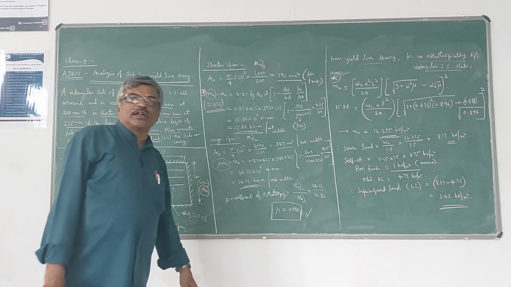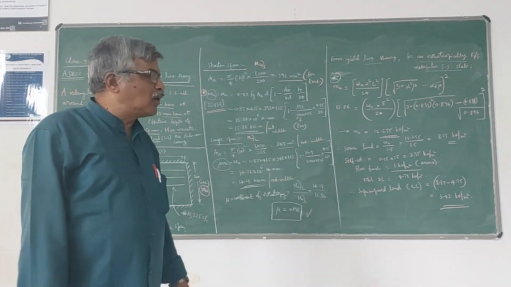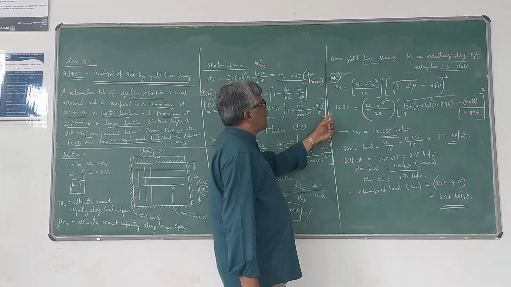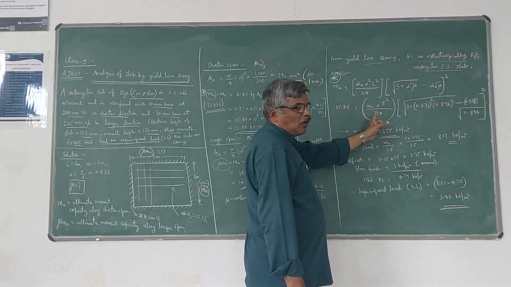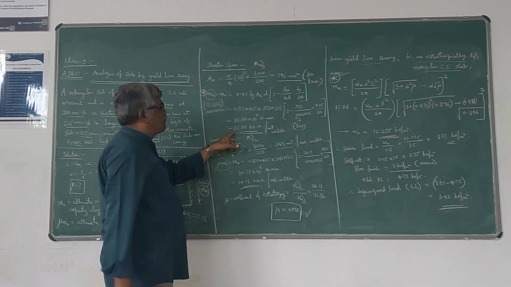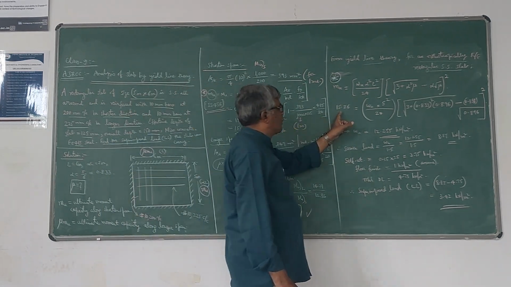Wu is the ultimate load or design load the slab will carry, which includes both dead load and live load. Everything is known except Wu. Mu you have to take as 15.86 kilonewton meter.